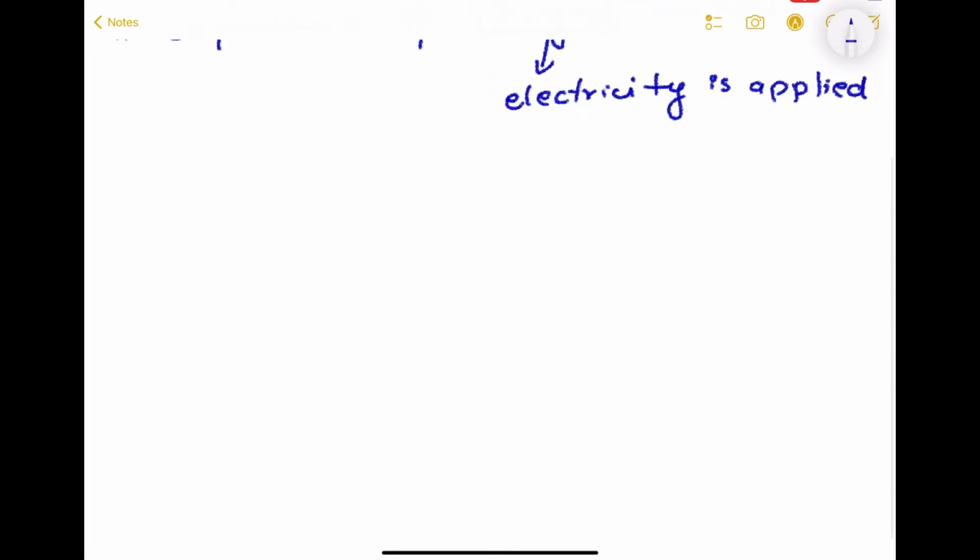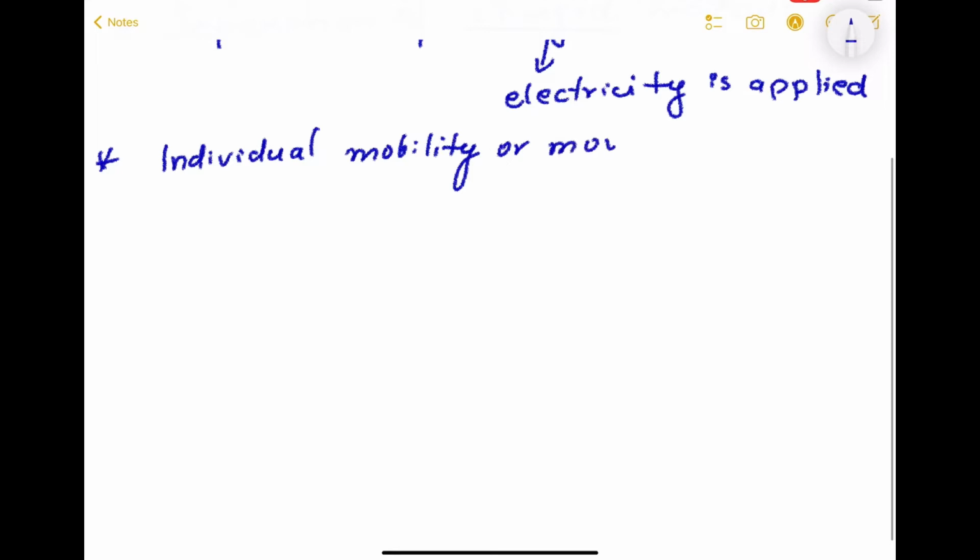So in electrophoresis, the relative mobility of individual molecules depends on several factors. When we are dealing with the individual mobility or movement of individual molecules, there are certain factors which are responsible.